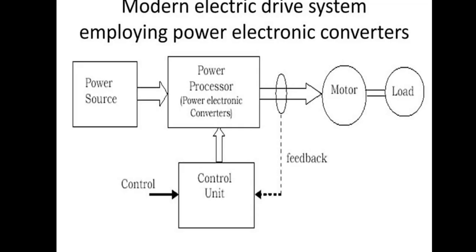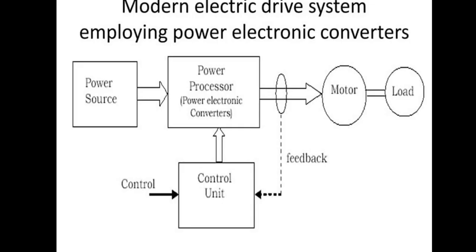Next, we move to the power processor, also known as the power electronic converter. This is the heart of the entire drive system. It uses semiconductor devices such as diodes, thyristors, IGBTs, and MOSFETs to convert electrical power from one form to another.